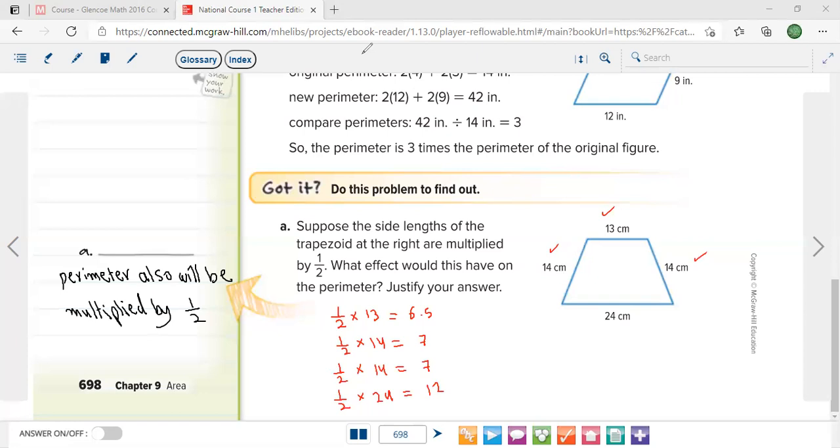So really, as you can see, if half is multiplied by the sum of these numbers, what is the addition of 13 and 14 and another 14 and another 24?